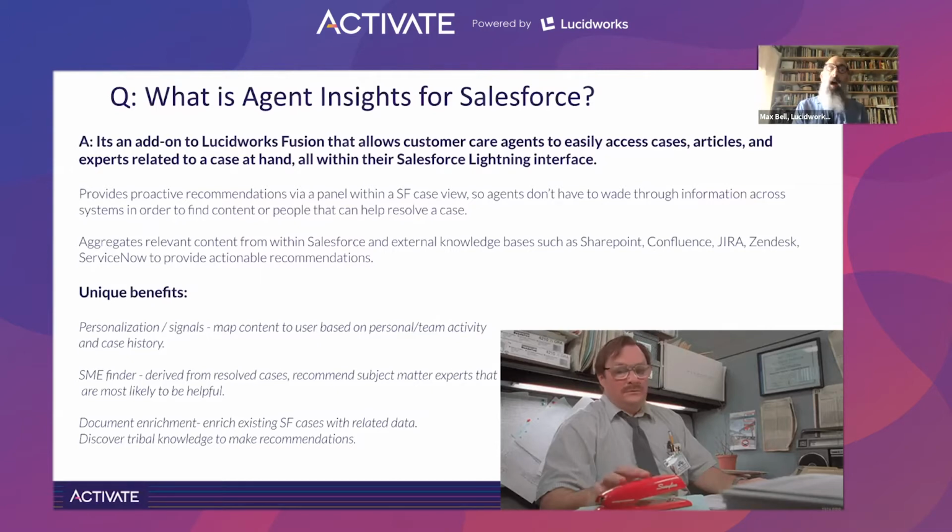There's also some document enrichment going on within Agent Insights for Salesforce, where certain cases are associated with related data. So for example, there might be Jira cases in engineering, and we know that the hardest bug cases in Lucidworks are ones where we have to open a Jira case also.